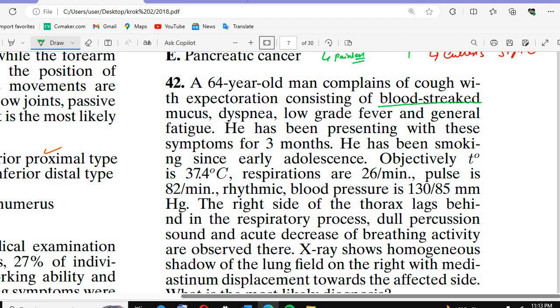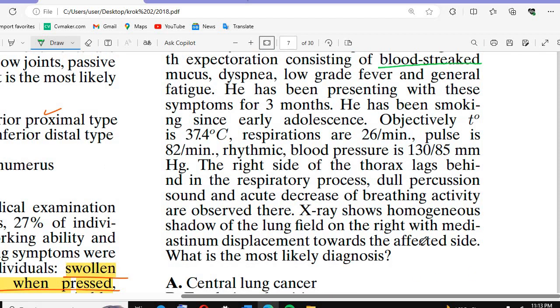Objectively, respiration is 36 and pulse is given. The right side of the thorax lags behind in the respiratory process, with dull percussion sound and acute decrease of breathing activity. X-ray shows a homogeneous shadow of the lung field on the right with mediastinum displacement toward the affected side. What is the most likely diagnosis?